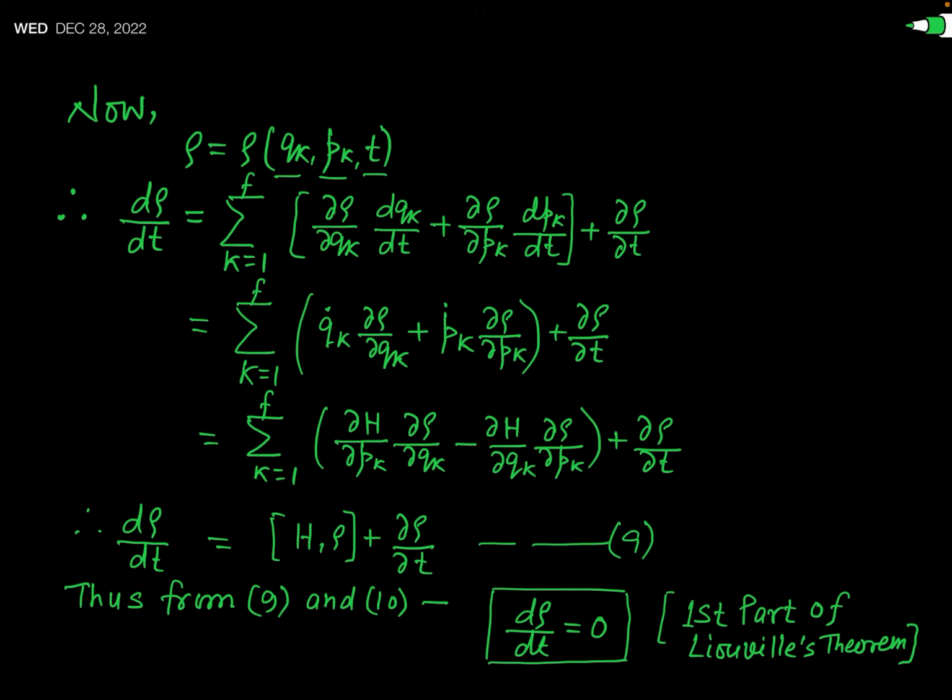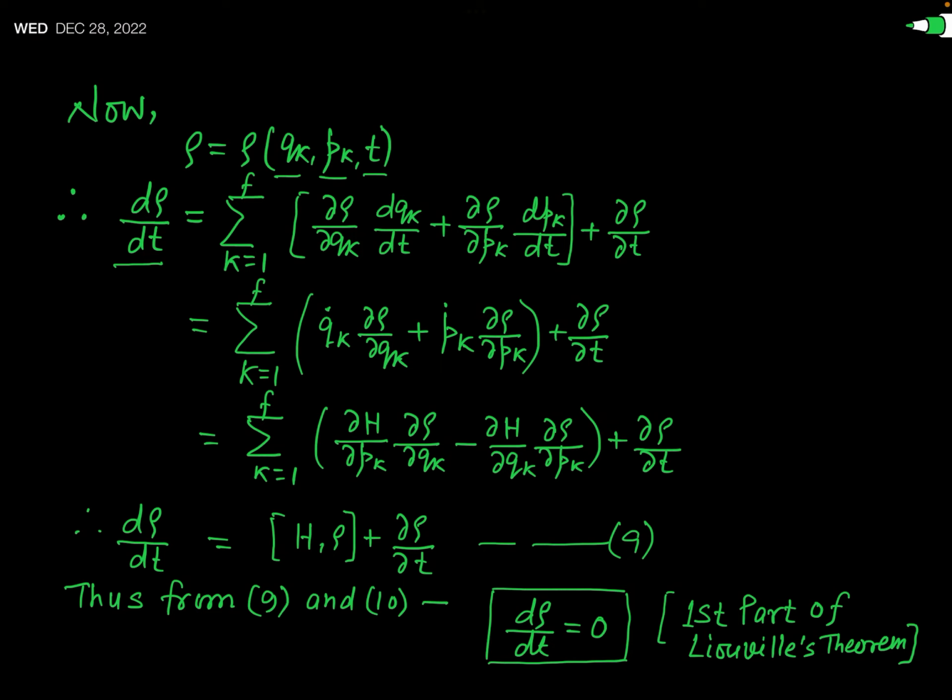You can remember it. And so if you want to find the value of dρ/dt, you will have to adopt the method of partial differentiation, because ρ is not a function of a single variable, but a function of 2f plus 1 variables.